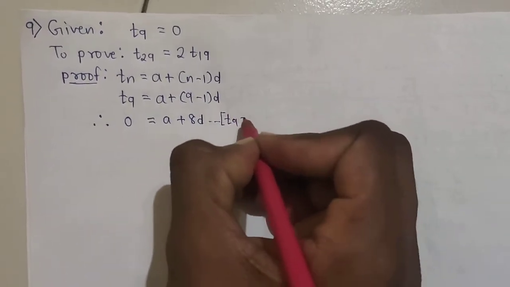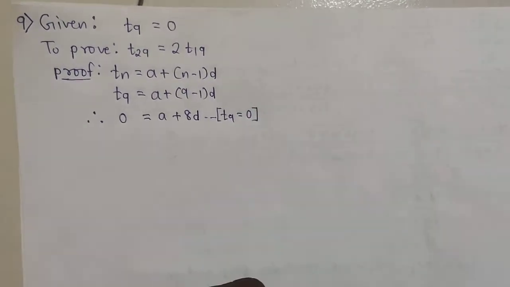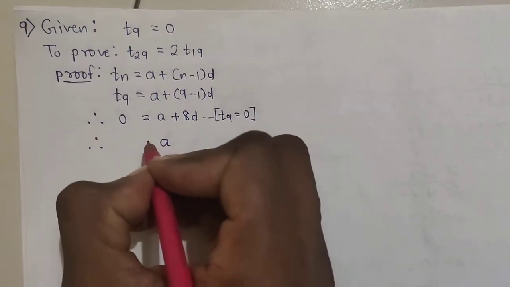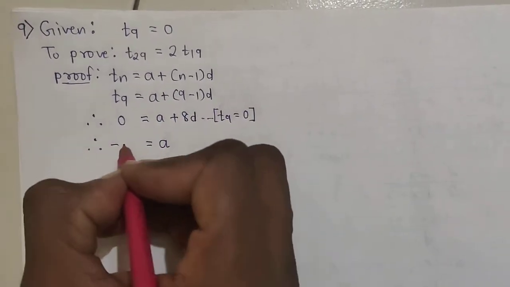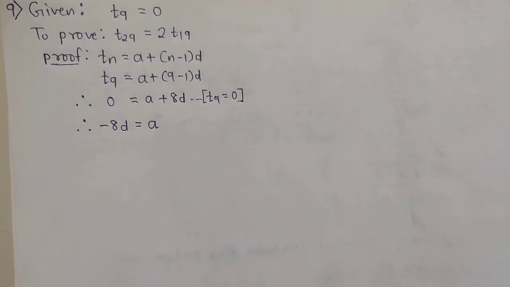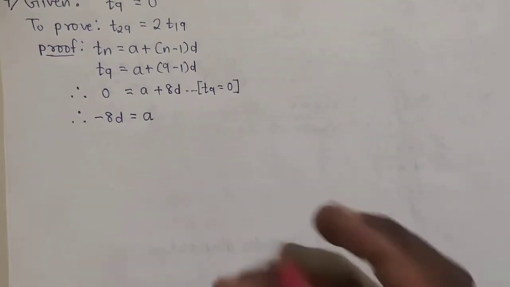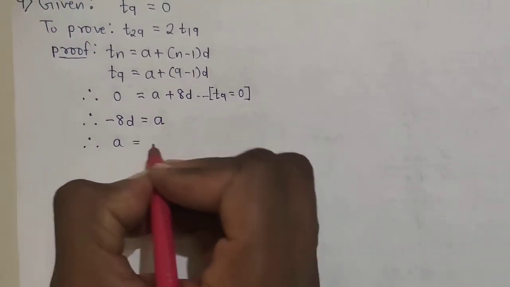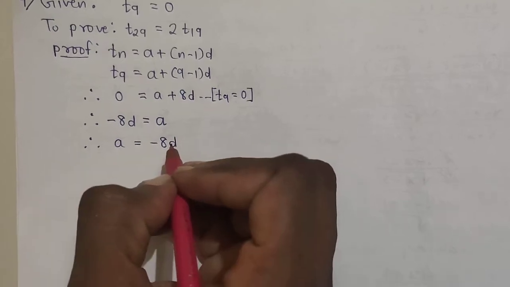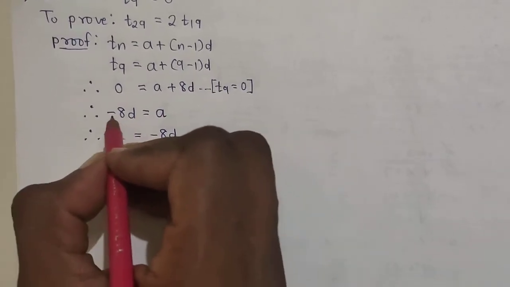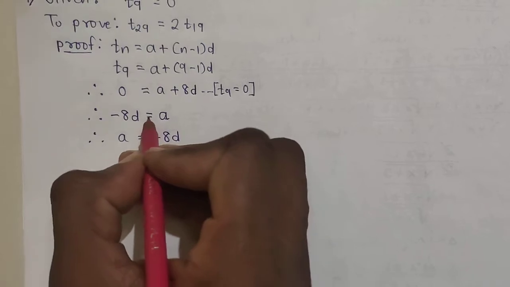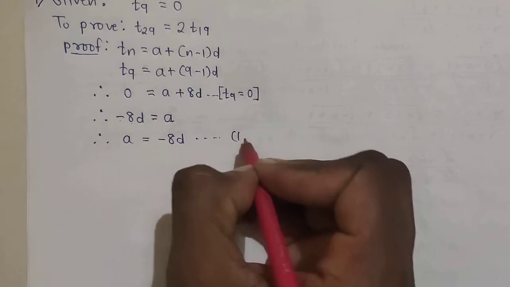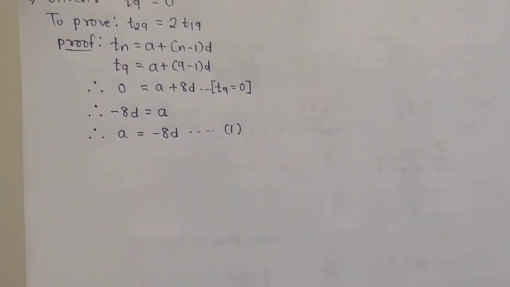Because T9 equals 0. Now in the next step, keep this a as it is and take this 8d to the left hand side, so that it becomes a is equal to minus 8d. We have reversed this equation, that is a equals minus 8d, and we are going to call it equation number 1.